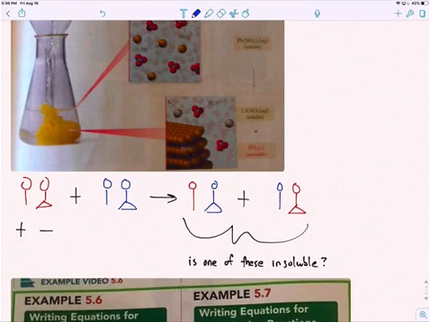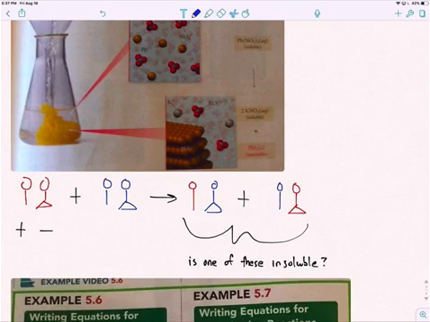Look at the metals as the boys and the anions as the girls. So the boys will only match with the girls, and the boys won't mix, and the girls won't mix, because I know this is different than real life, but the boys are denoted as positive charges and the girls are denoted as negative charges. So 2 positive charges will not interact, 2 negative charges will not interact. Only the positive and negative charges will interact.